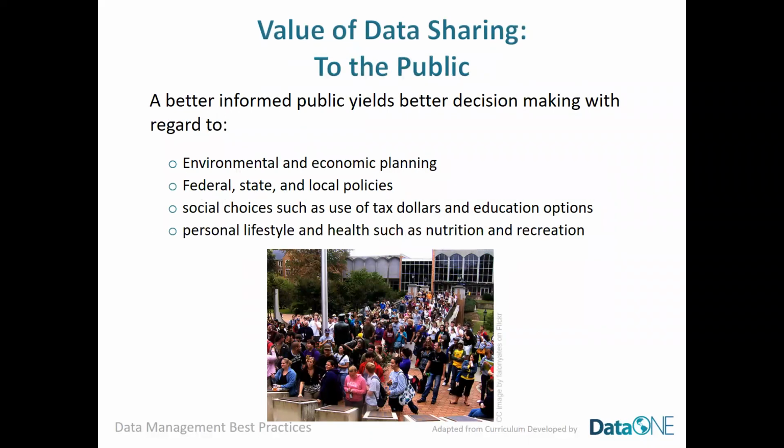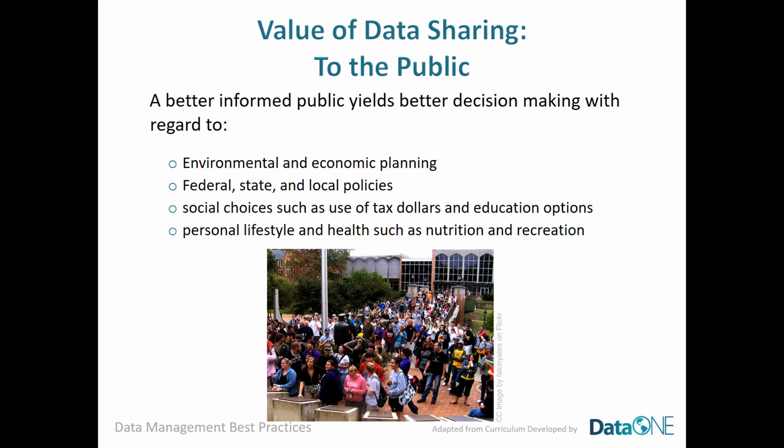How does the public benefit from shared research? The more informed the public is, the better that they are able to understand and contribute toward effective public and personal decisions. The public needs data to help with environmental and economic planning.